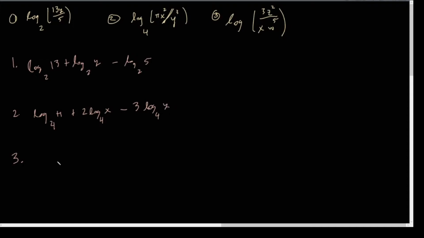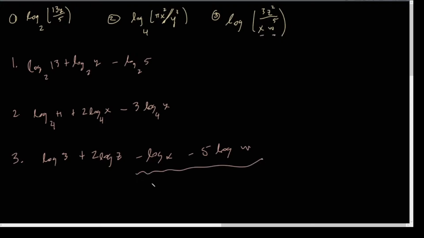And lastly, we get log 3, it's base 10, right? Plus 2 log z minus log x minus 5 log w. Everything on the denominator turns out negative, so the log x and the log w better both be negative. Any questions on these three?